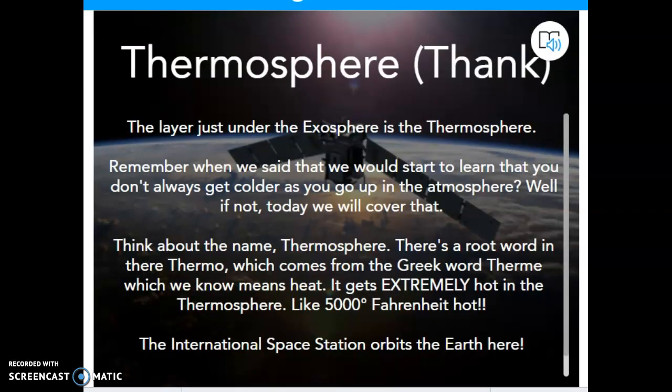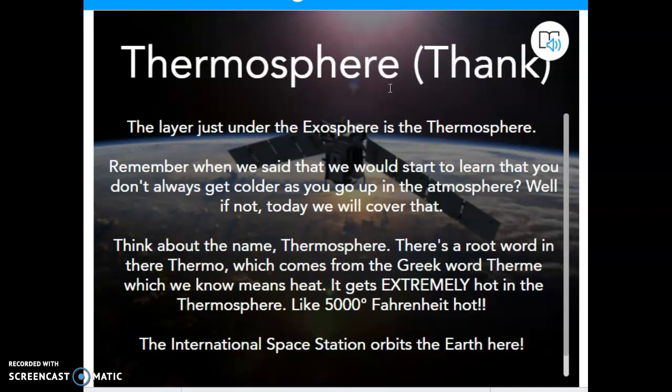But everybody think. Thermosphere starts with a TH. Think starts with a TH. And here is the layer just under the exosphere. The thermosphere is extremely important. And it's important for quite a few reasons. It does tend to get pretty hot in the thermosphere.